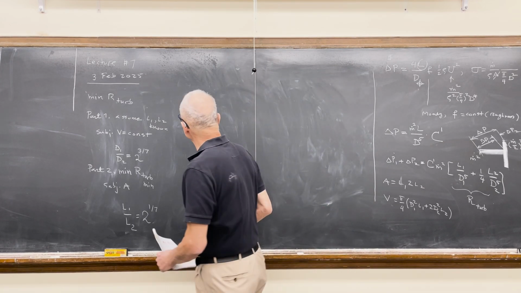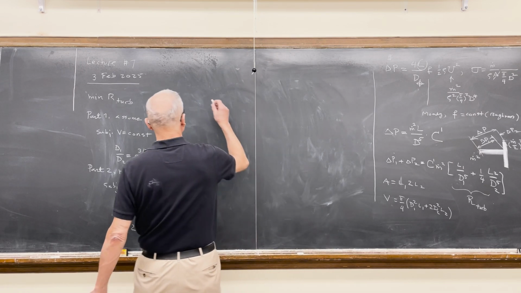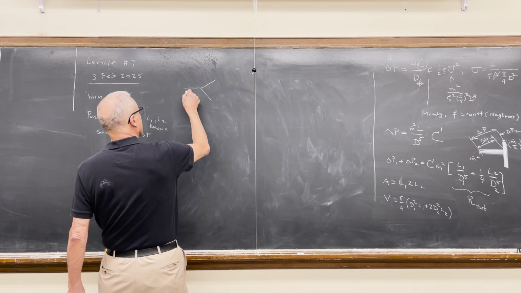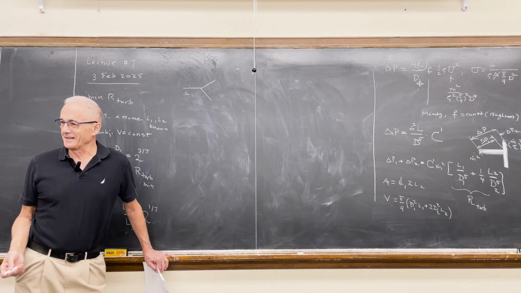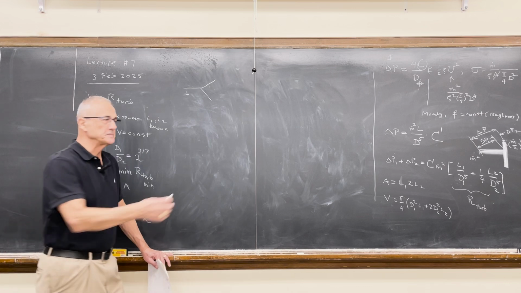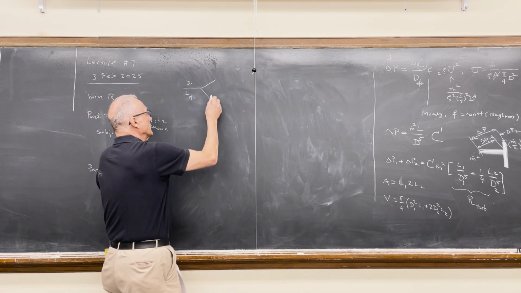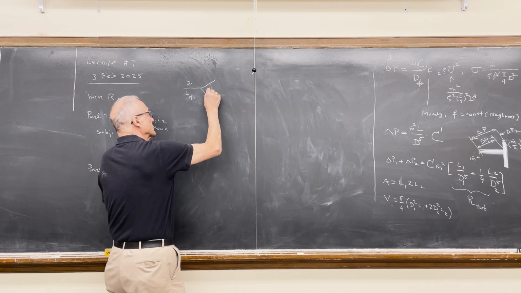And so by solving the same problem, but this time for a drawing with 5 variables, not 4. There's L1, D1, L2, D2. There's this angle here. Let's call it alpha.